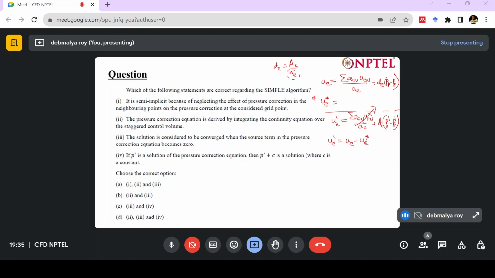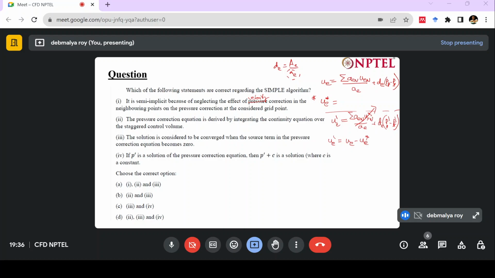So this is being talked about here, neglecting the effect of velocity corrections of the neighbors, and the load for accounting for the deviation from the actual solution falls on the pressure correction.